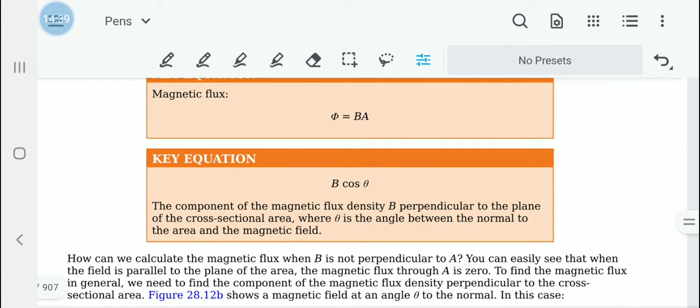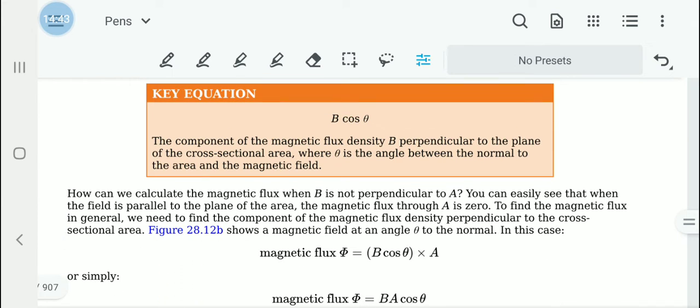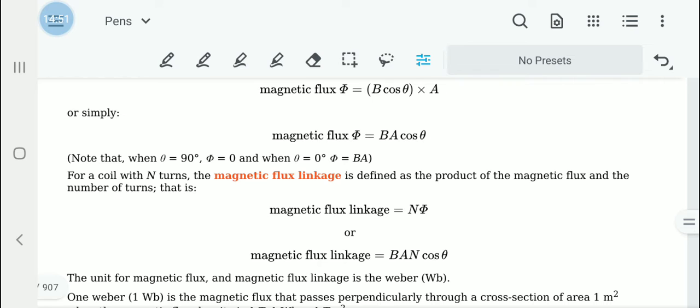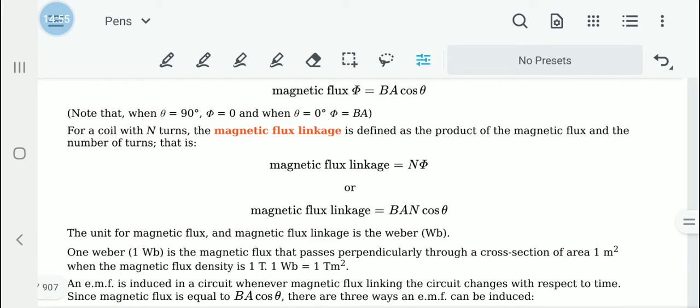If it is not perpendicular to the plane of the area, then magnetic flux equals B cos theta into A, or BA cos theta. Magnetic flux phi equals BA cos theta.